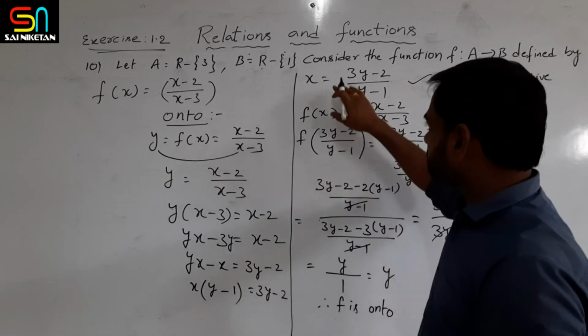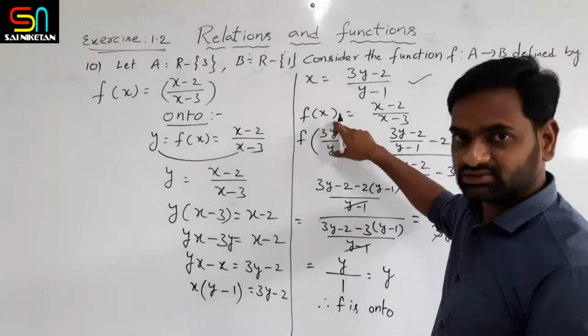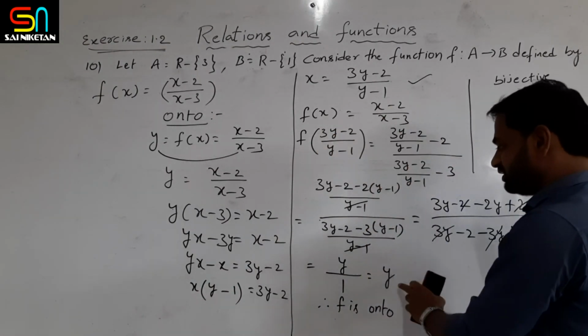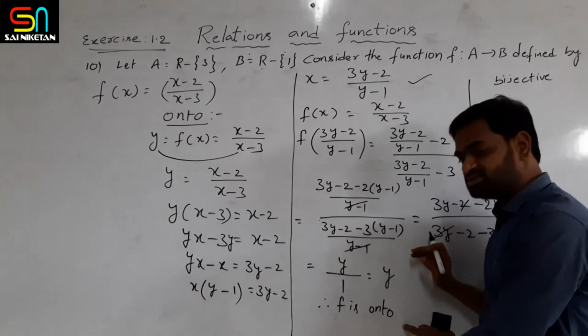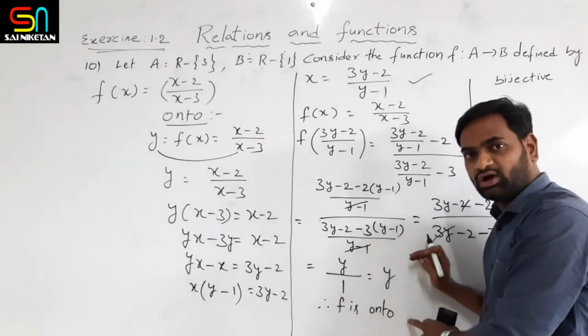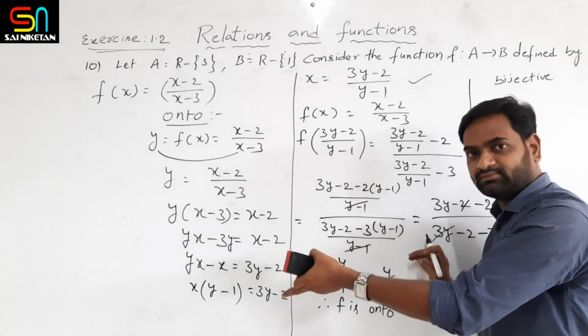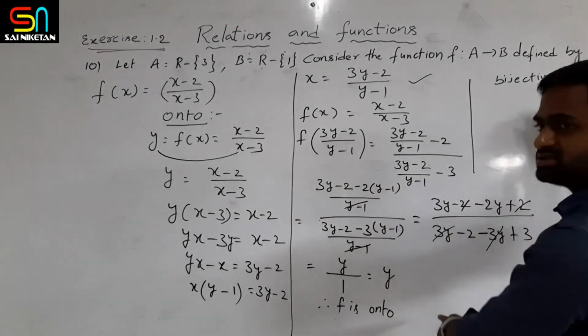Now substitute this x value in the given f of x. So after substitution of this one, if we get the answer is y, then we can say it is onto. Now you got it is onto. Before that, already it is 1-1. So the function f is 1-1 and onto. So it is bijective.